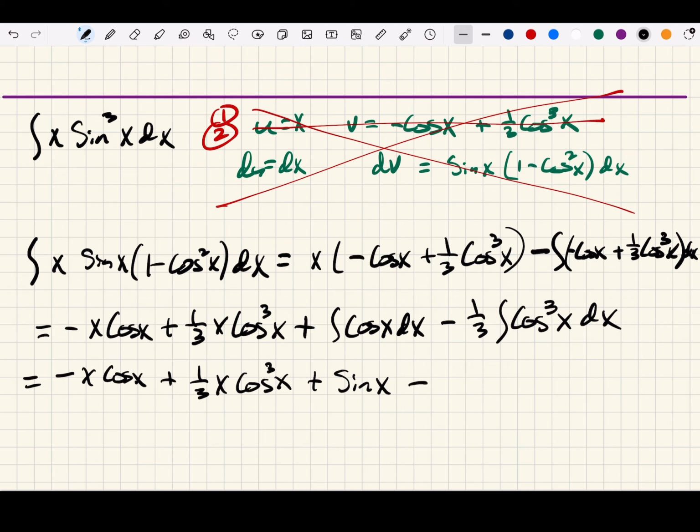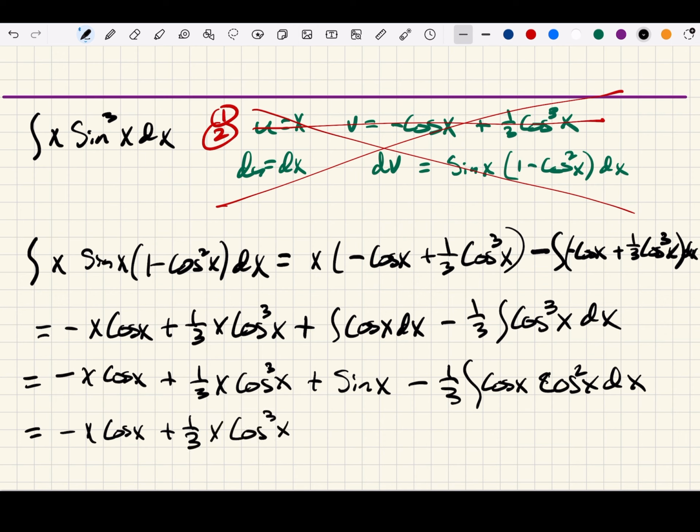Minus, okay, now I get to integrate cosine cube. I'm probably going to call that cosine times 1 minus sine square, aren't I? 1/3. And I can do that because this will be cosine x times cosine square x dx. We have minus x cosine x plus 1/3 x cosine cube x plus sine x minus 1/3.